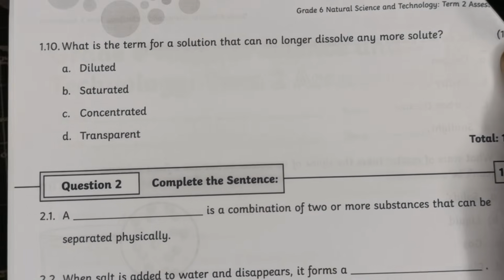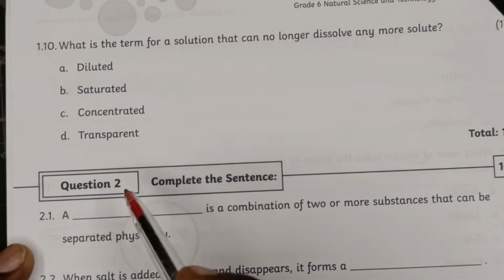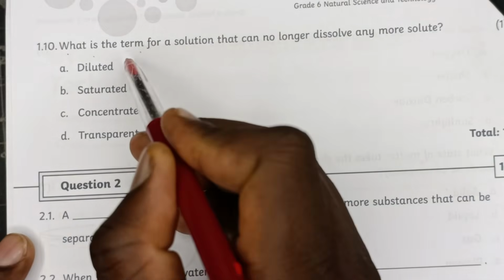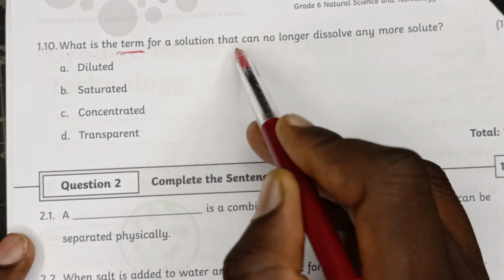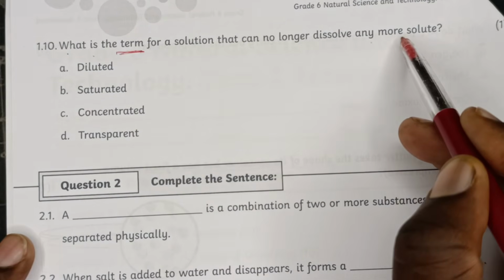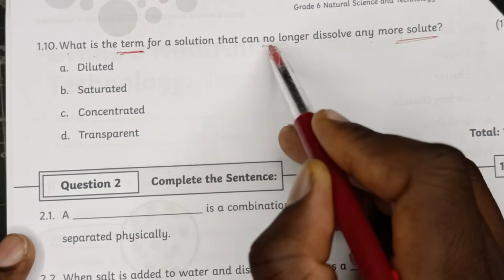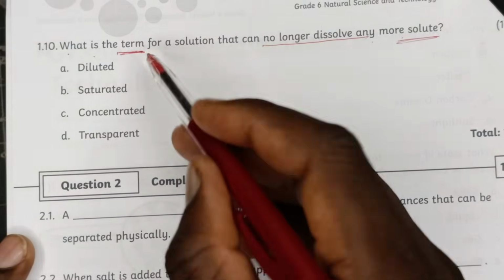We move to question 1.10, which is the last question. The question says, what is the term? So here they want a term for a solution that can no longer dissolve any more solute. What is the term?